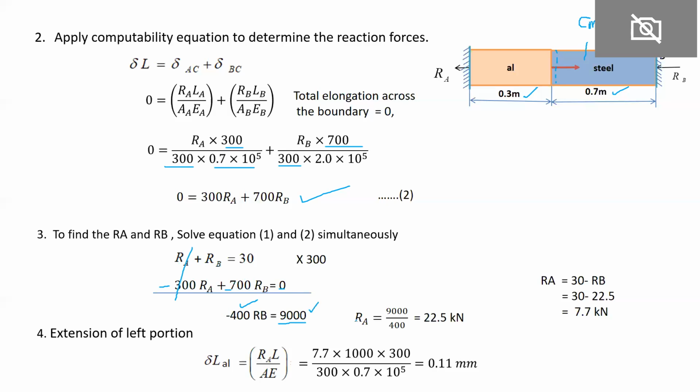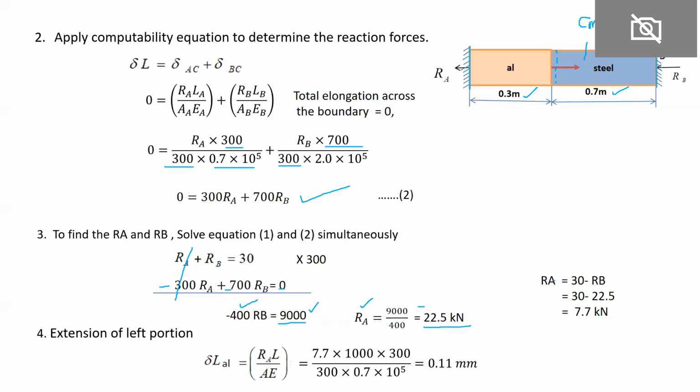Now you can compute the reaction force RB, which is equal to 9,000 upon 400, so it is 22.5 kilo Newton. Here there is a sign convention: negative represents acting in the opposite direction to that of the previous one, 9,000, which is acting in this direction. So this force is acting in the opposite direction.